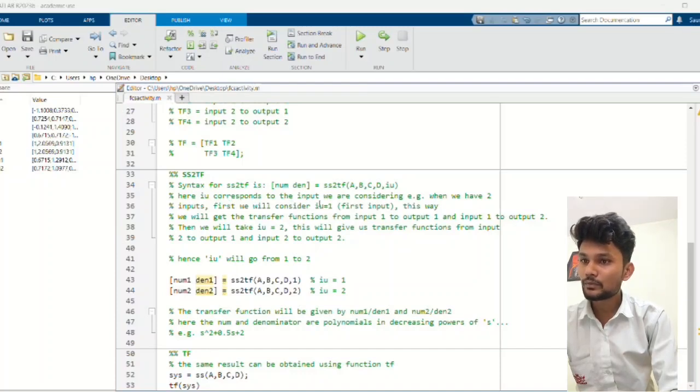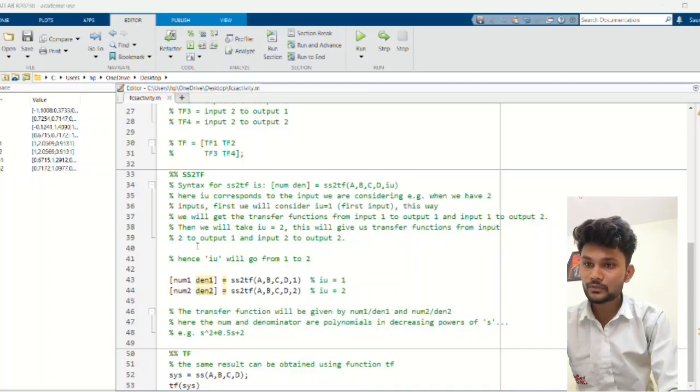This way we get the transfer function from input 1 to output 1 and input 1 to output 2. Then we take iu equal to 2. This gives the transfer function from input 2 to output 1 and input 2 to output 2. Hence iu goes from 1 to 2. This is the matrix we define here.